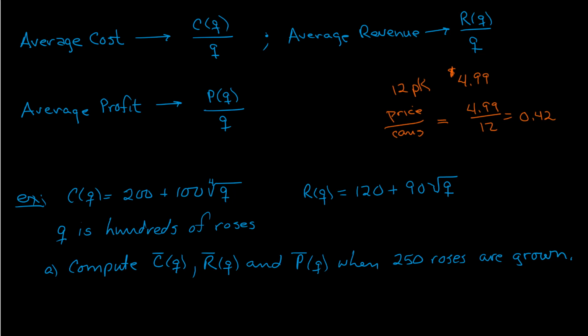If you buy this 12 pack for $4.99, it's an average of 42 cents per can. When you compute average cost, average revenue, or average profit, you're looking at the cost, revenue, or profit per unit produced or sold.